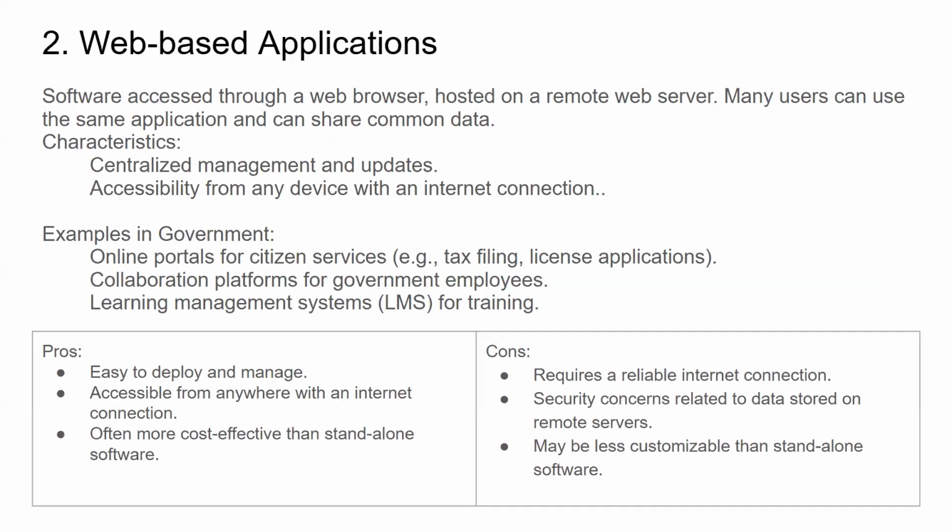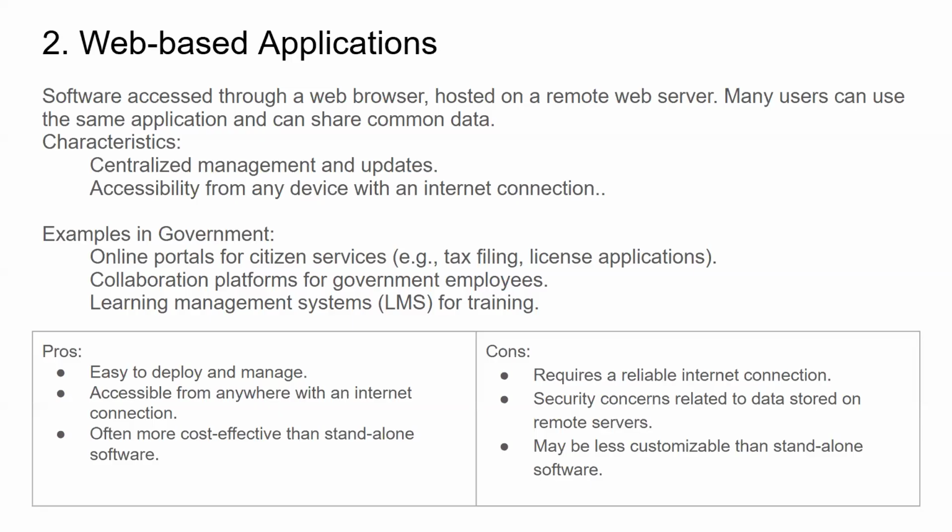Then what is a web-based application? A web-based application is also a type of software, but we don't install it on our personal computers or desktop computers, right? Instead, we install this web-based application on a central server in an institution.